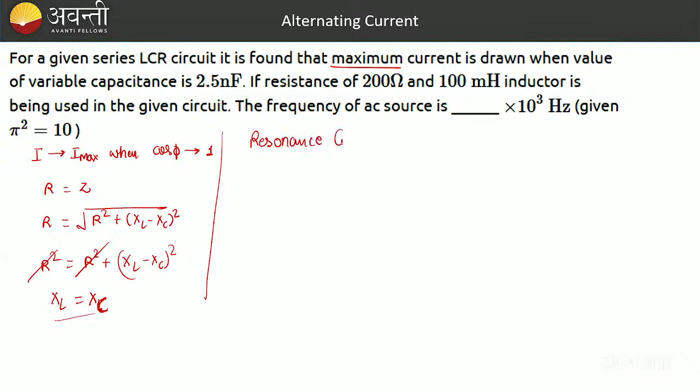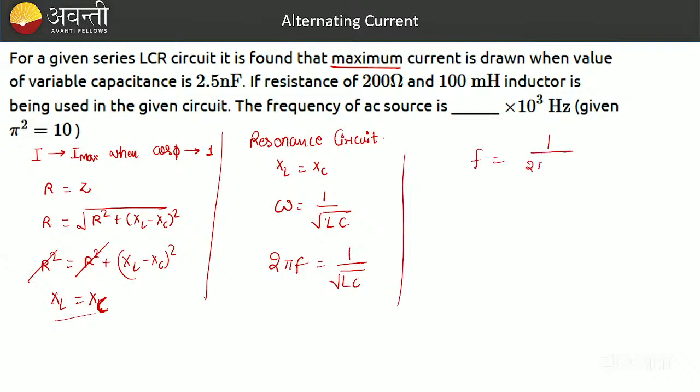In a resonance circuit, we can say directly that XL is equal to XC, which means omega will be square root of 1 upon L into C. Omega ko we can write 2 pi F, square root of 1 upon LC. Now F will become 1 upon 2 pi square root of L into C.